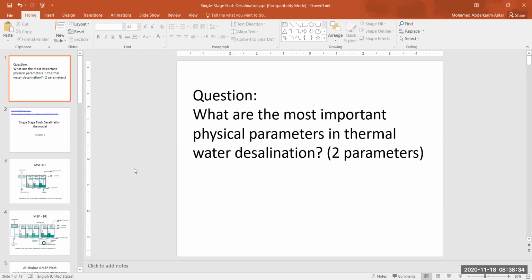And that's why, if we recall when we talked about the HDH part, the highest expected GOR and productivity is going to come from a variable pressure system, where you have low pressure in the humidifier and high pressure in the dehumidifier. So these are the most key elements or parameters or properties that are common in every thermal desalination system.